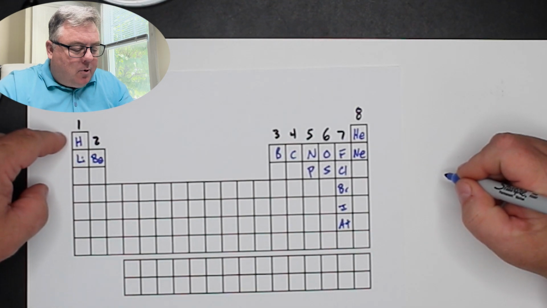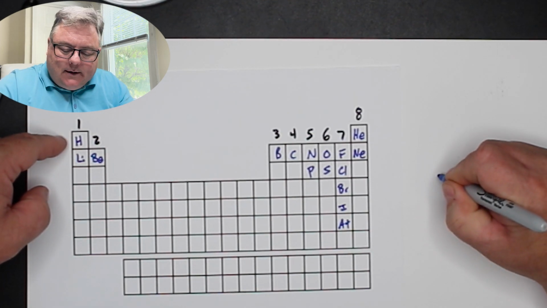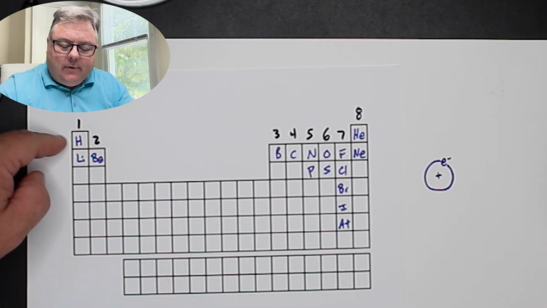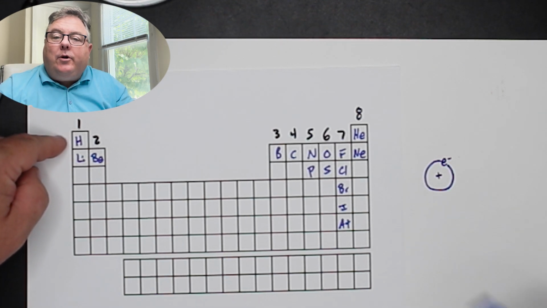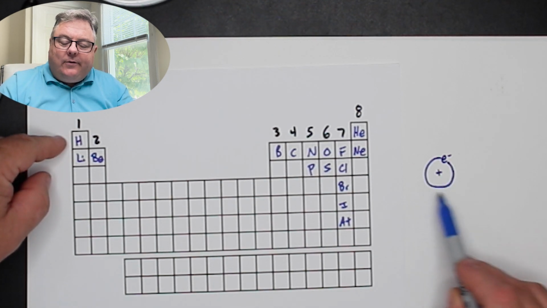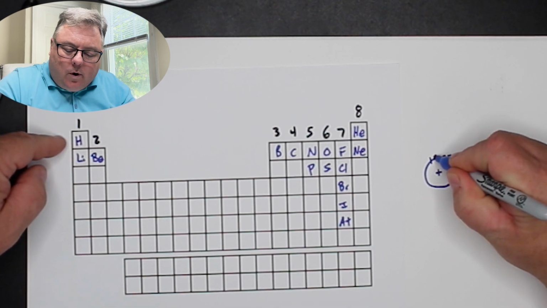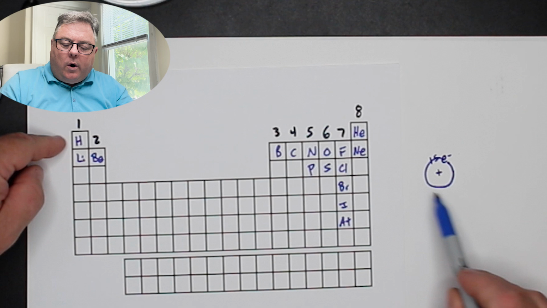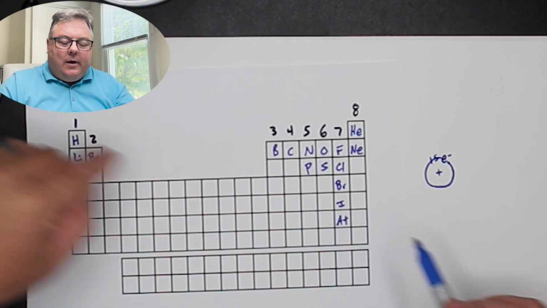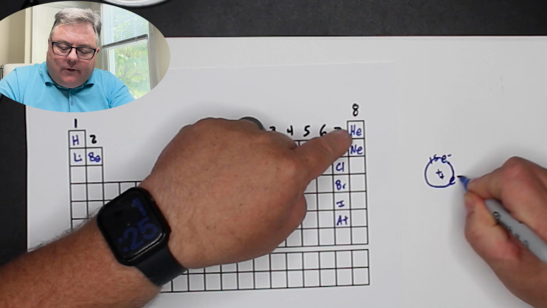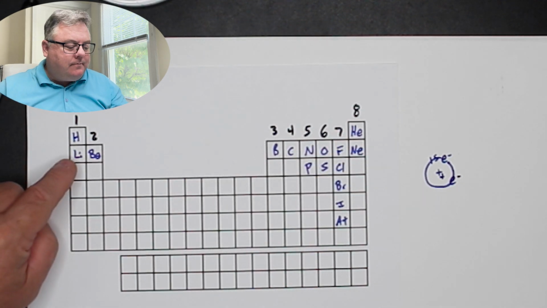Hydrogen, number one up here on the top of my periodic table, is one proton with one electron around it. And we may remember from earlier chemistry that that electron is in a spherical orbital called an s orbital, or you might call that the 1s orbital. That's where the one electron is for hydrogen. And when we have helium, we have another proton in the nucleus, and now two electrons in that orbital.